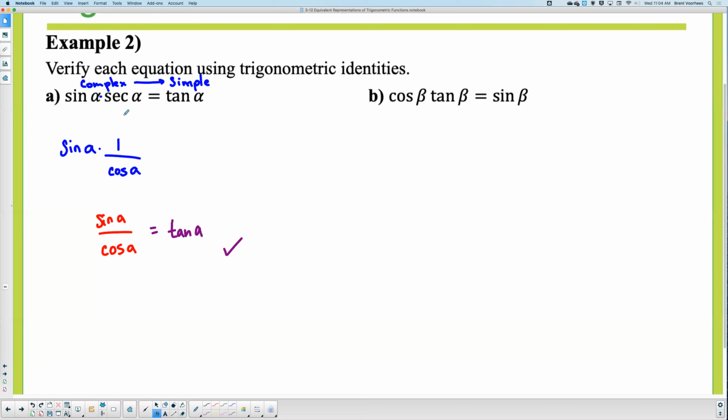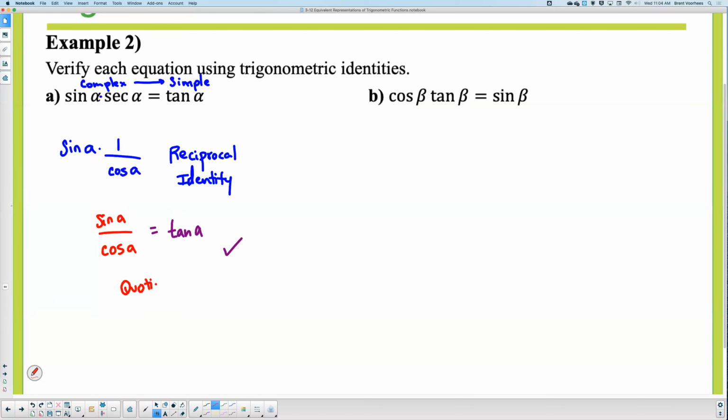Now I'm going to name the steps. What identity was it when I did a reciprocal? Simply put, it was called a reciprocal identity. Now, saying that sine over cosine is the same thing as tangent, that's what we call a quotient identity.